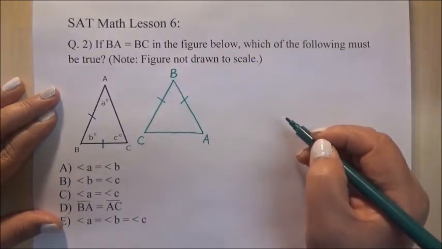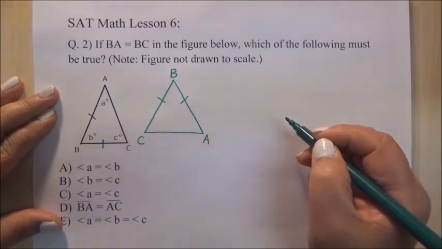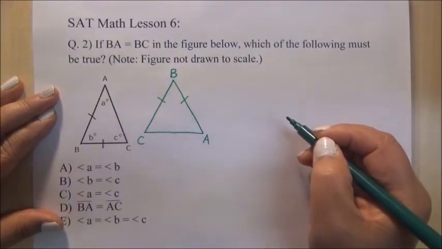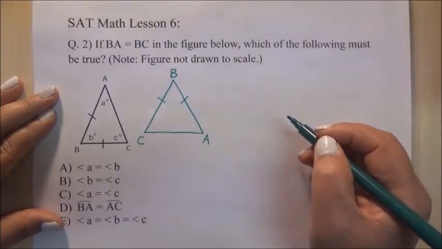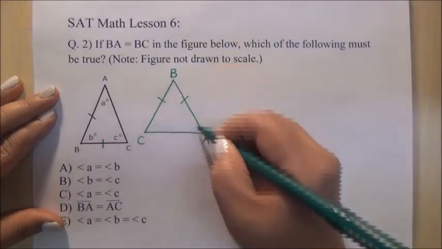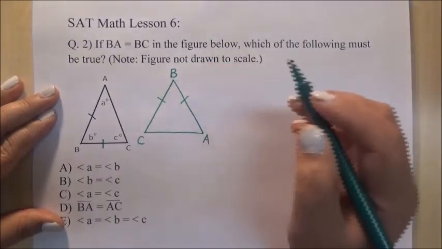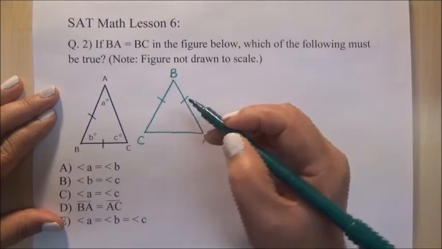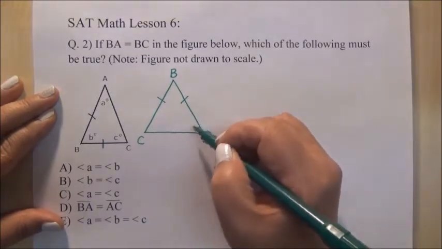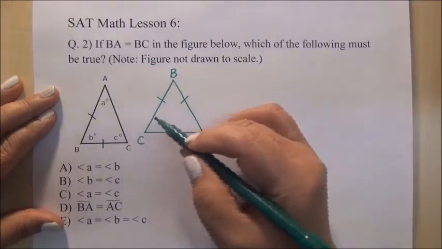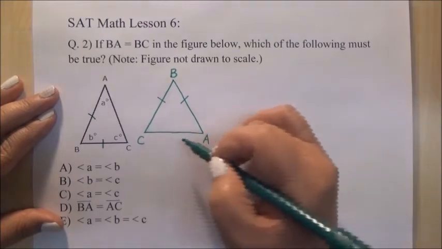So we can assume this is an isosceles triangle because of the definition of an isosceles triangle. The definition of an isosceles triangle is a triangle with two equal sides, and also the angles opposite the equal sides are equal.